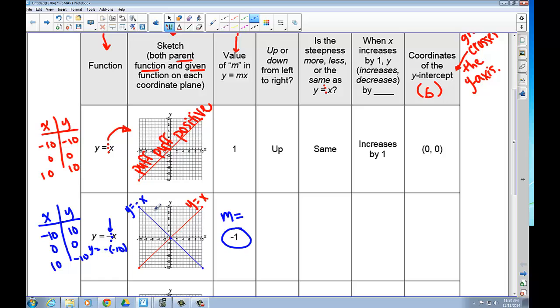Down, because it's a negative. So I'm going to put down for my answer. Is the steepness more, less, or the same? It's the same. Did we ask for direction?